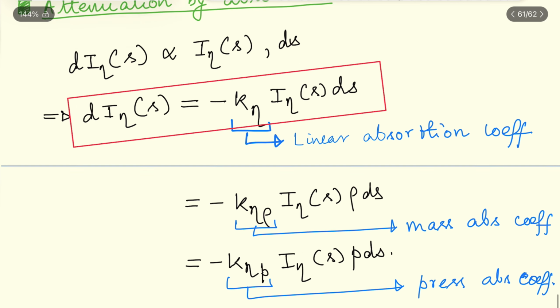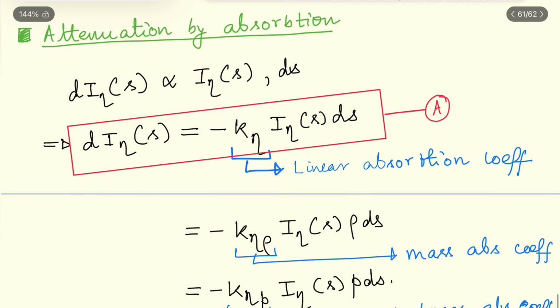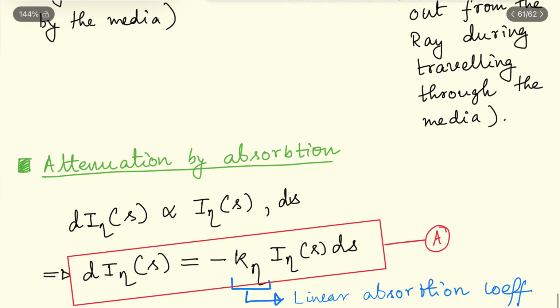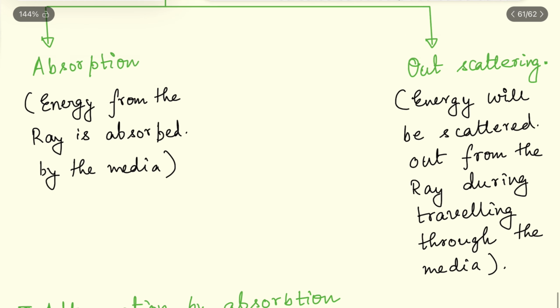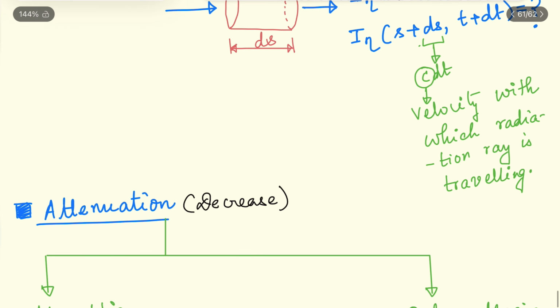I can name this equation capital A. So this was attenuation. Now, a very important thing: there are some assumptions.